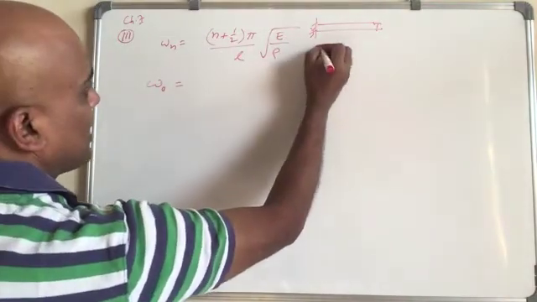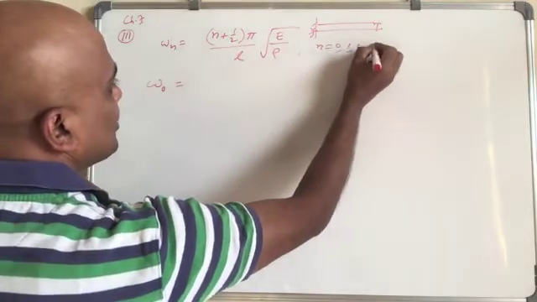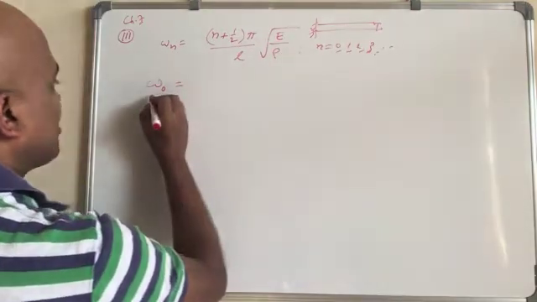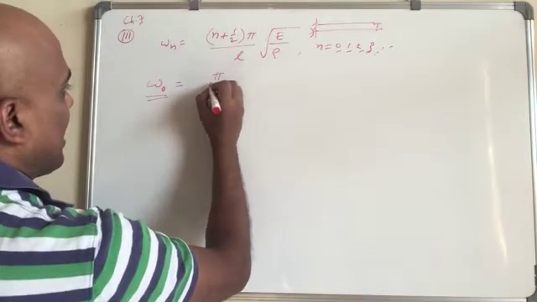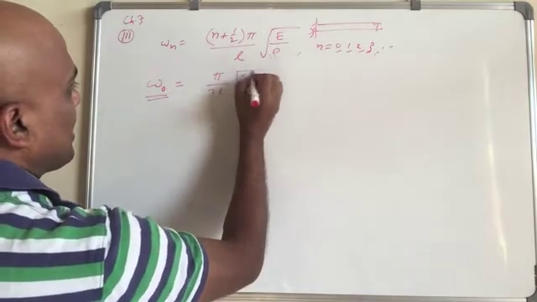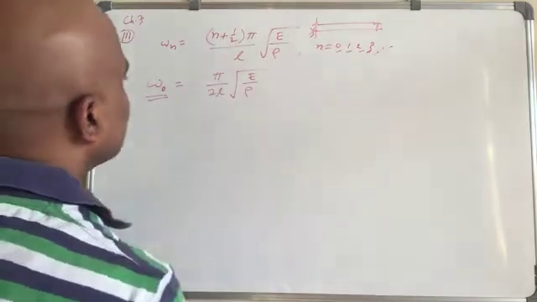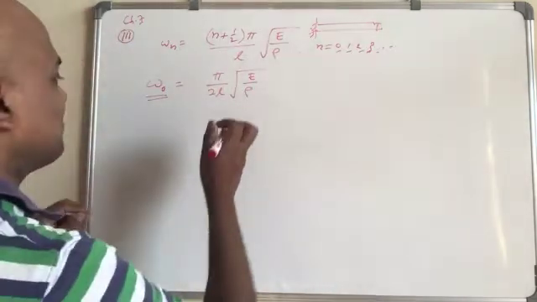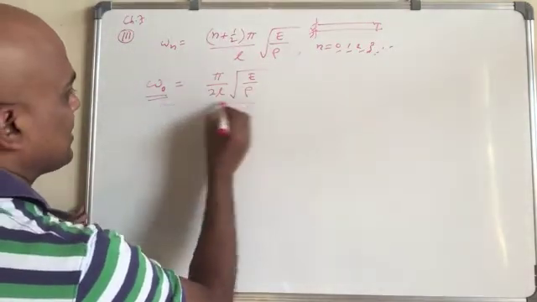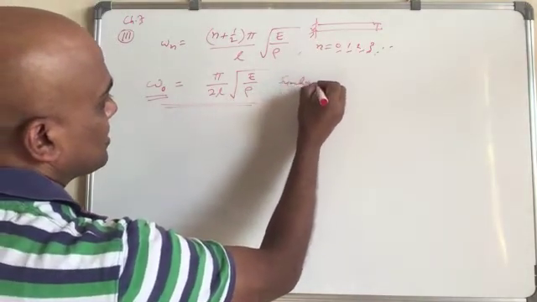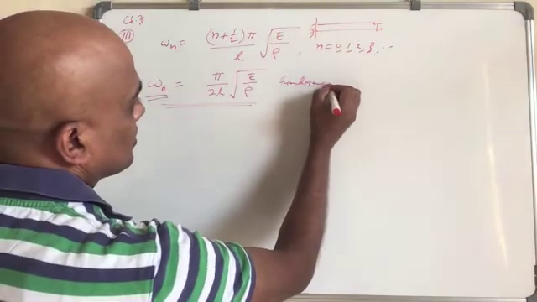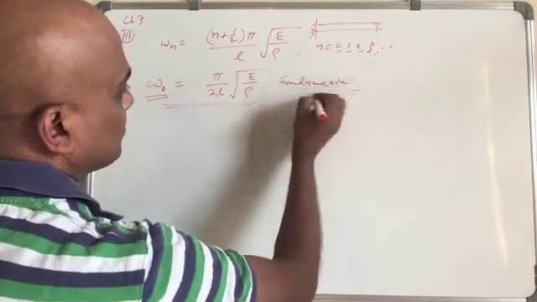This is valid for n equal to 0, 1, 2, 3 and so on. So omega naught should be the fundamental one. Hence your solution will be pi over 2L times the square root of E over rho. This is the right answer. These are the corrections.